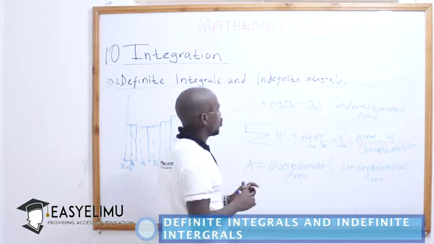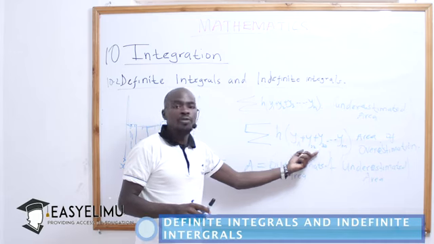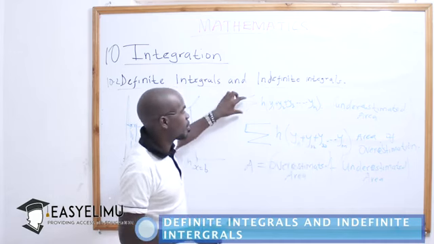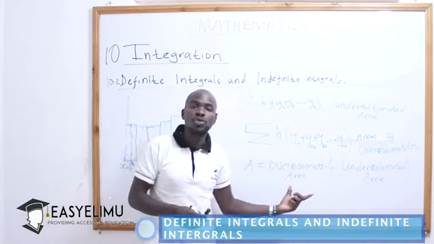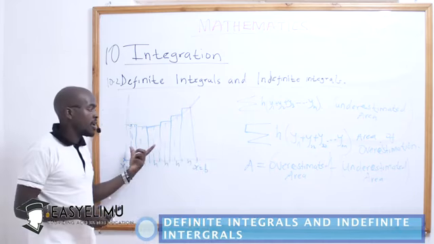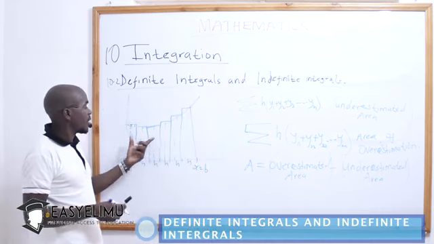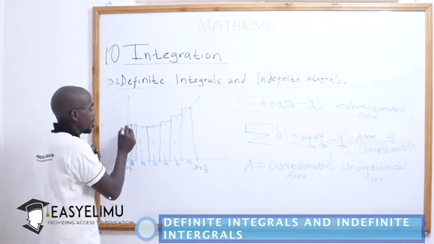What do I mean? You take this area which you have found from overestimation, then you subtract that one. Whatever you find in between is the exact area under the curve here.